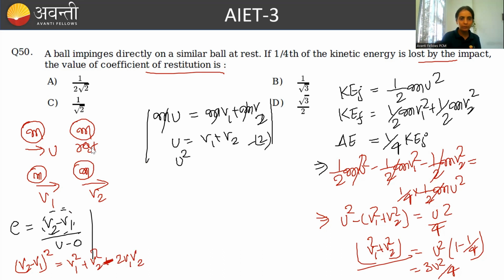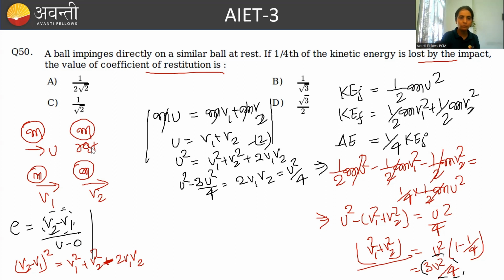If you do this, u square is equal to v1 square plus v2 square plus 2v1 v2. Now u square minus (v1 square plus v2 square), that is 3u square by 4. So u square minus 3u square by 4 will be equal to 2v1 v2. So 2v1 v2 is equal to u square by 4.